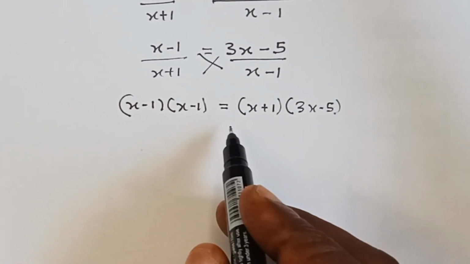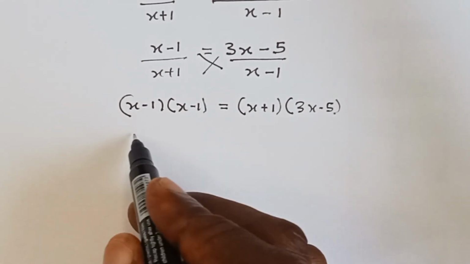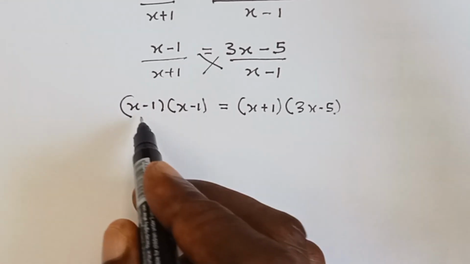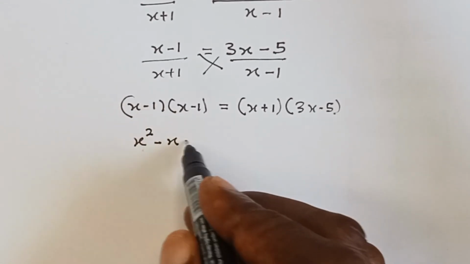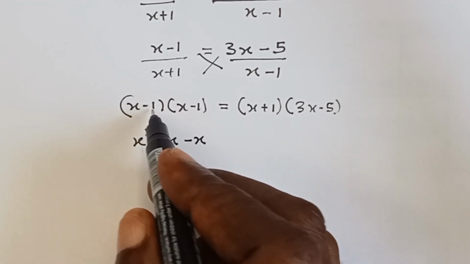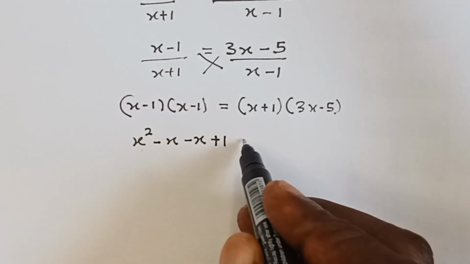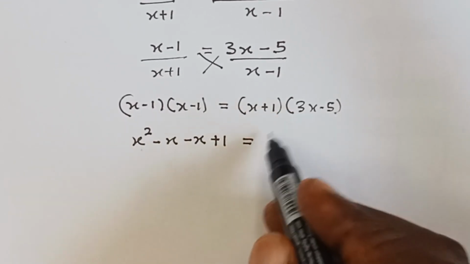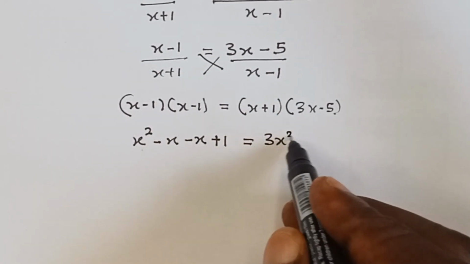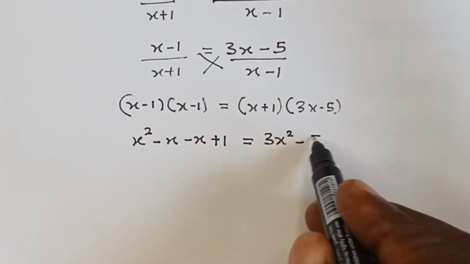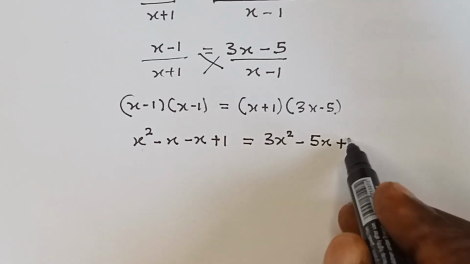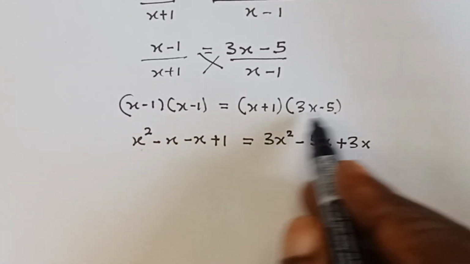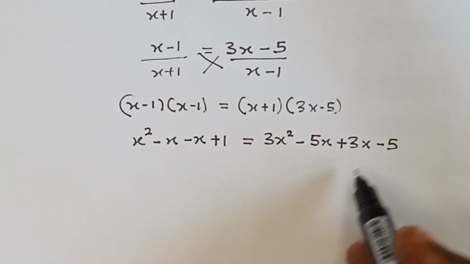Okay, so let's open the bracket. x times x will give us x squared, x times minus 1 will give us minus x, minus 1 times x will give us minus x, minus 1 times minus 1 will give us plus 1 equals, x times 3x will give us 3x squared, x times minus 5 will give us minus 5x, plus 1 times 3x will give us plus 3x, plus 1 times minus 5 will give us minus 5.